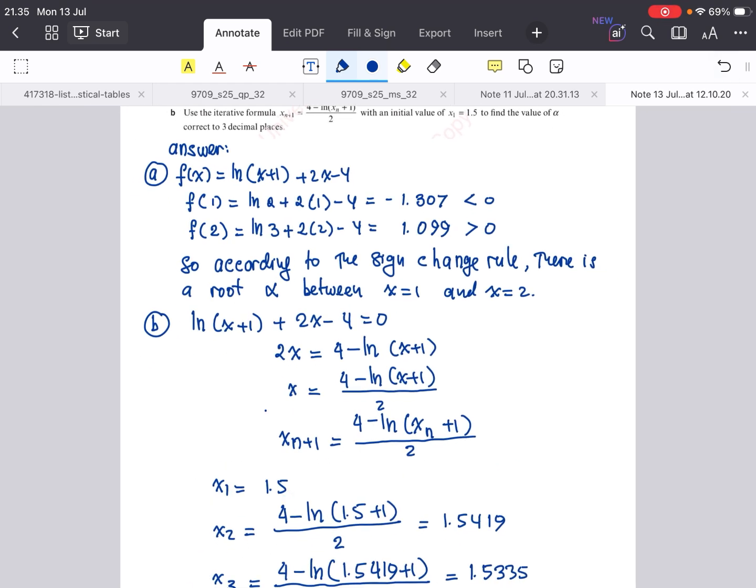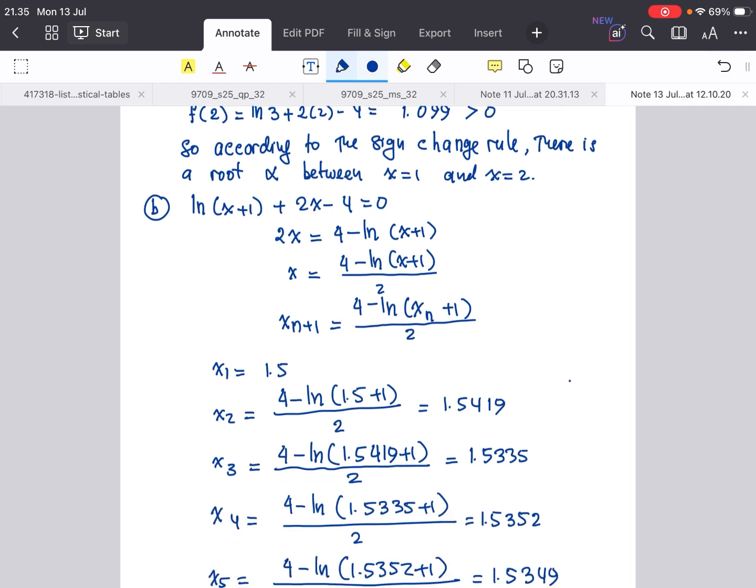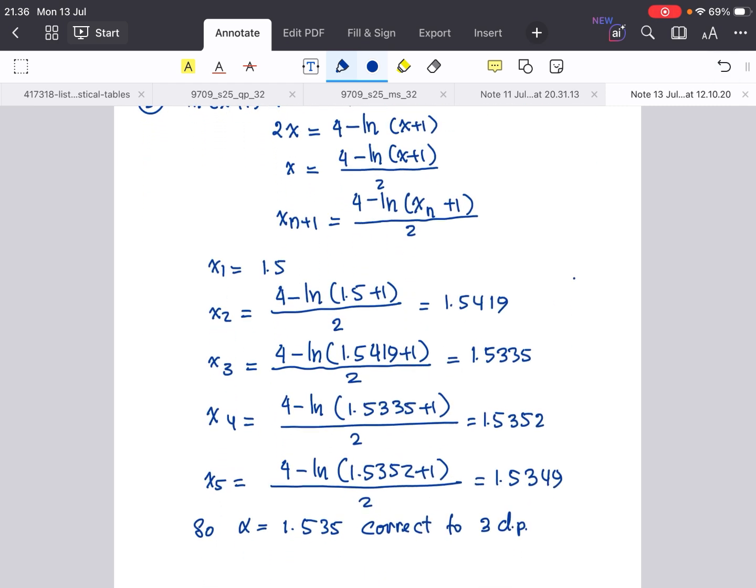and then for x2 we input 1.5 here, so it becomes (4 - ln(1.5 + 1))/2. The answer is 1.5419. And then x3 is this.